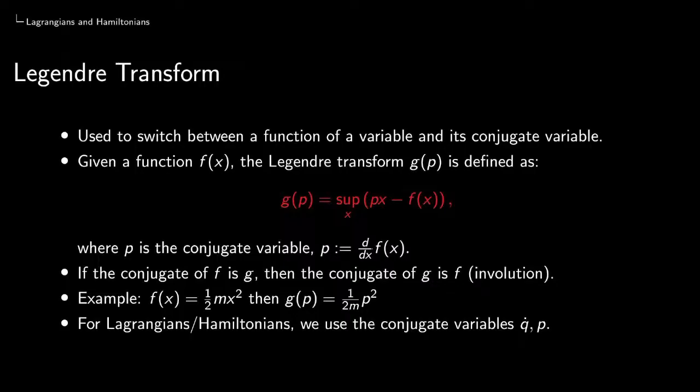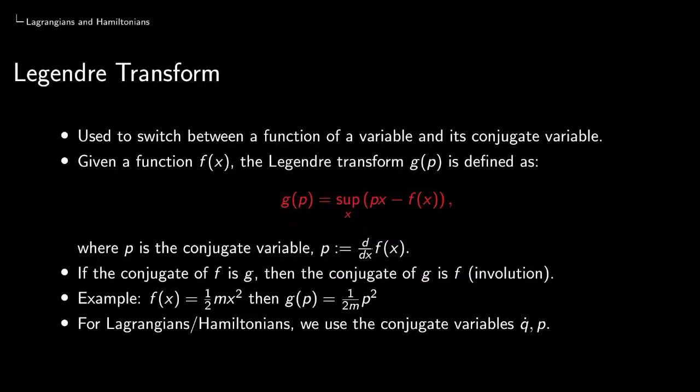A simple example, which I'm not going to calculate by hand right now but you can do at home: if you take f of x as 1/2 m x squared, which is the kinetic energy, and compute the Legendre transform, you find that g of p is 1/2 m p squared, where p, as we recall, is the momentum. This is a common expression for the kinetic energy when expressed in terms of momentum.